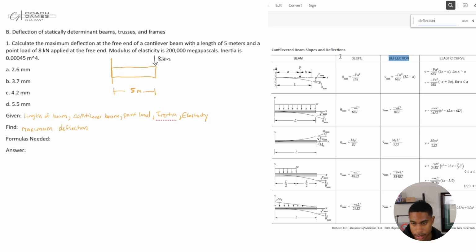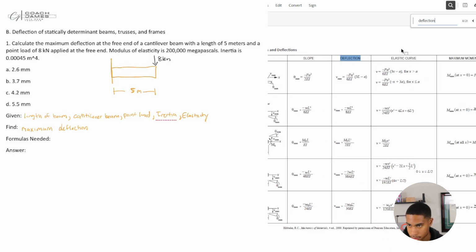Okay. So I'm assuming that we're going to be needing this first one. There's no uniform load, no moment happening. So I'm going to be using this one. And we are looking for max deflection. So this is the only chart that we should be using, the one in the deflection section.